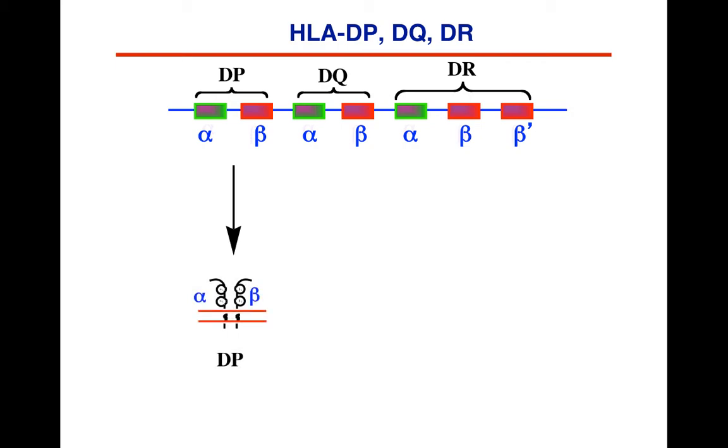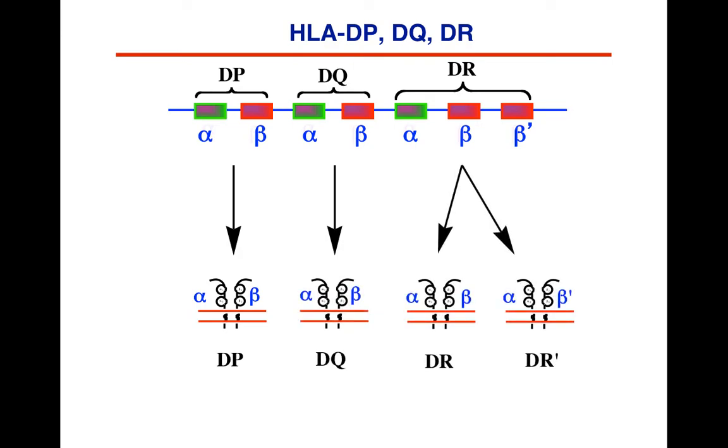So as a consequence, for the DP, you could form one, or for DQ, you can form one, and for the DR, you can form at least two here, right? Now, the thing about this is that there is diversity among these, because the alpha chain sometimes shows promiscuity because they're not one polypeptide.